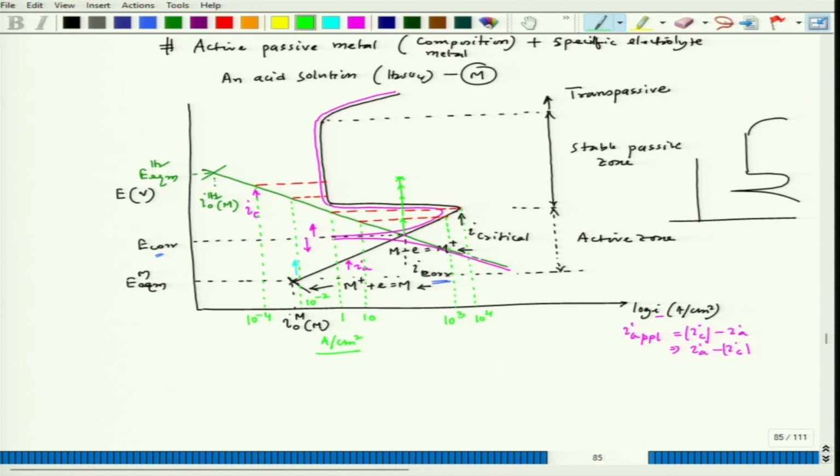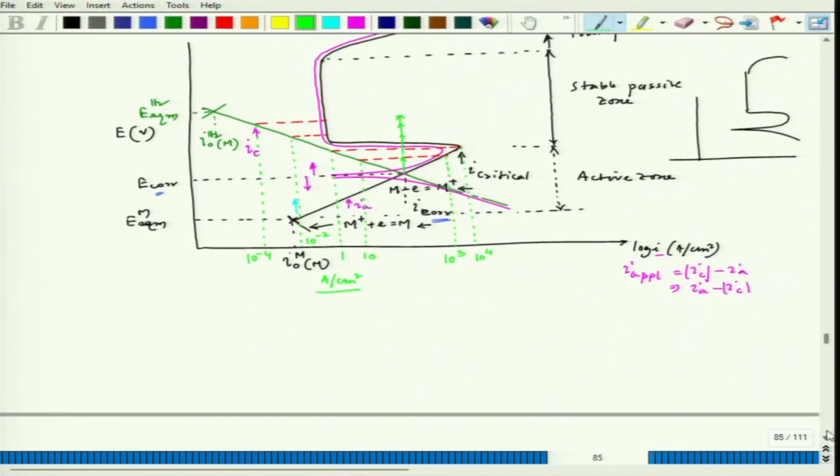So, what should be I applied as we go up? So, if I try to locate those polarization points, let us say this is 1, this is 2, this corresponds to 3, this corresponds to 4.